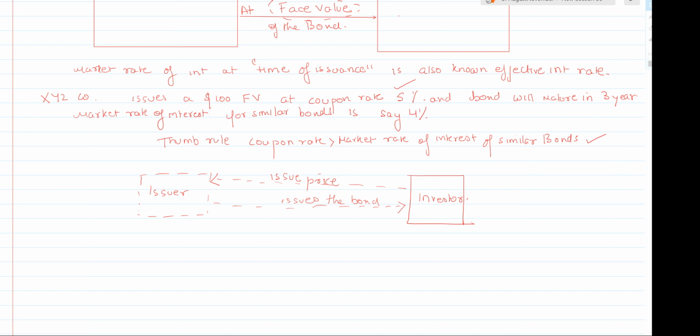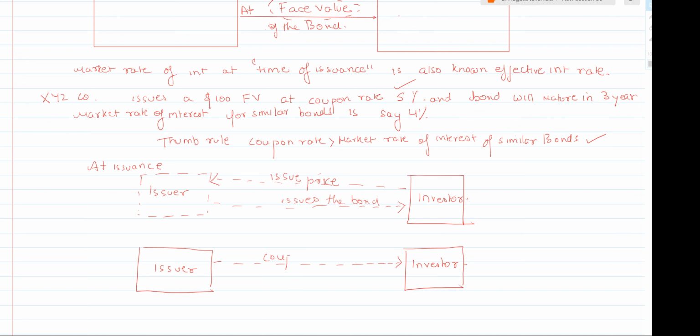And subsequently, guys, what would happen is that this would happen at issuance. Subsequently, the issuer, again, let me draw these rectangles, would pay fixed interest payments or coupon payments to the investor.